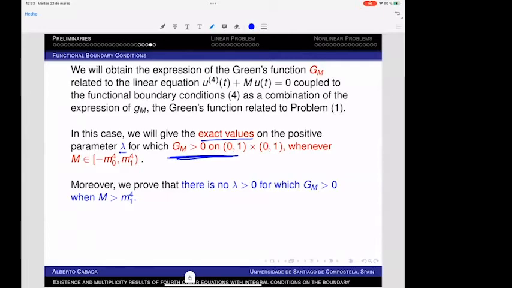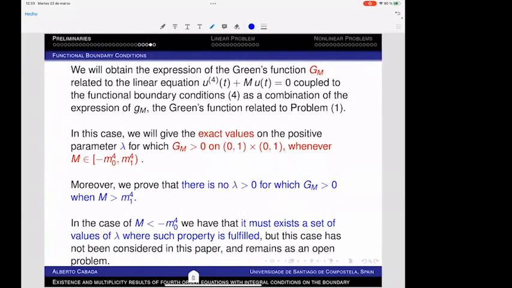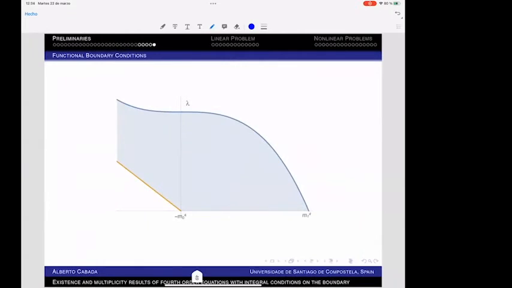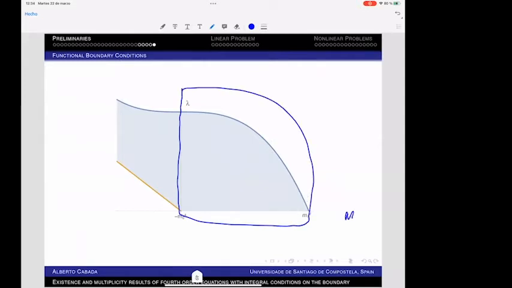And we have here a problem. We are assuming that we are here. What we want is to characterize what happens here, when m is between the values for which the Green function g_m, not capital, is negative. But we don't know what happens here.